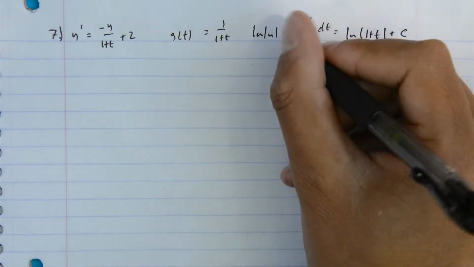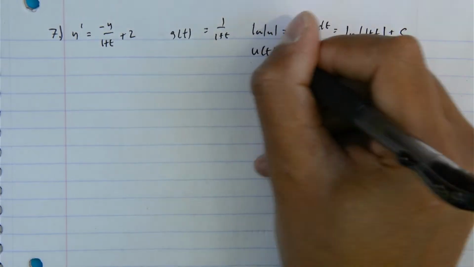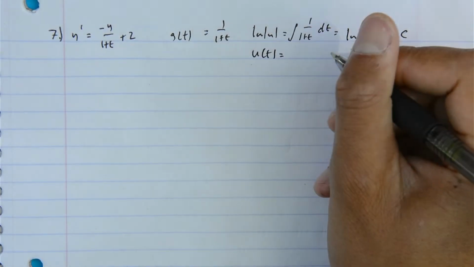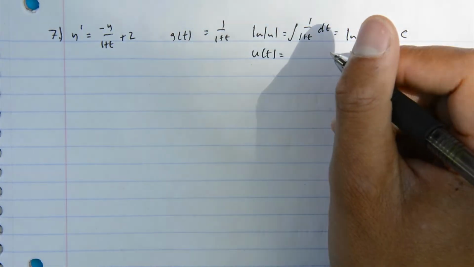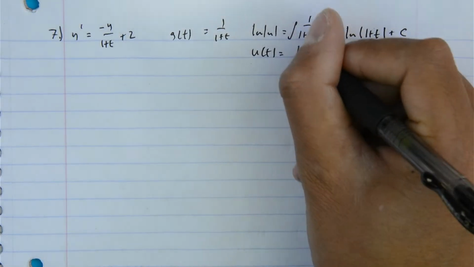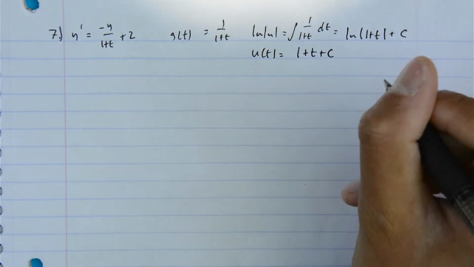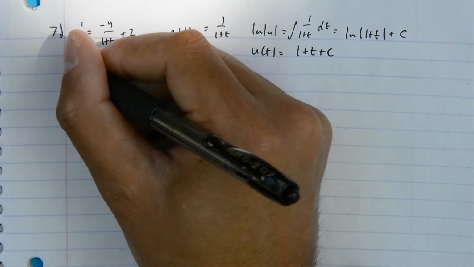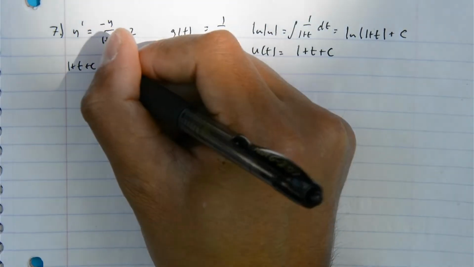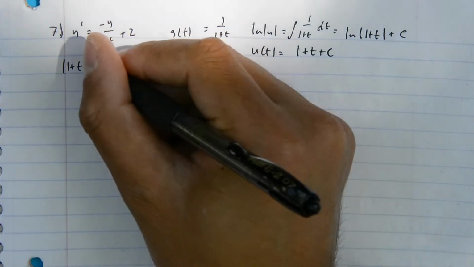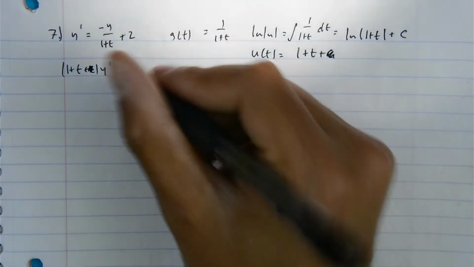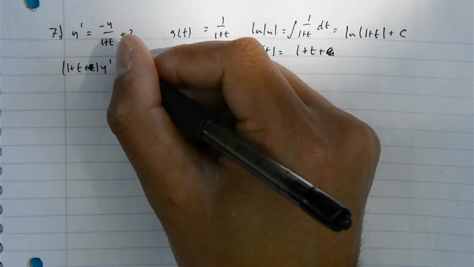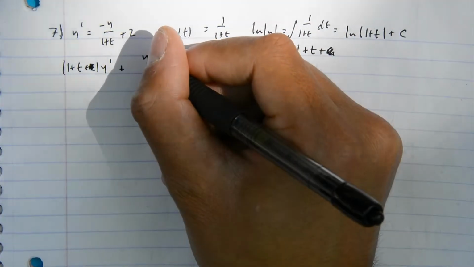So then we have u of t is equal to 1 plus t. We can get rid of the c. So then (1 plus t) y prime plus y.